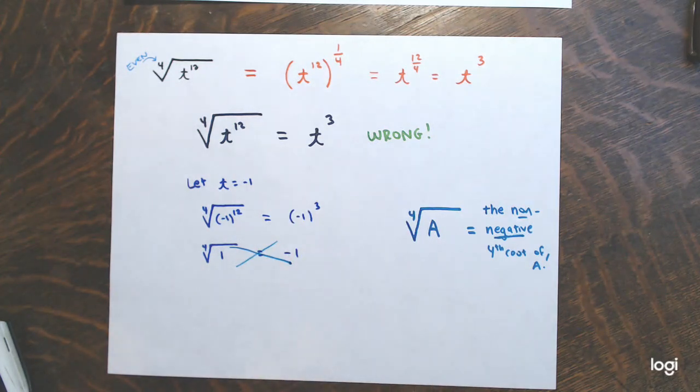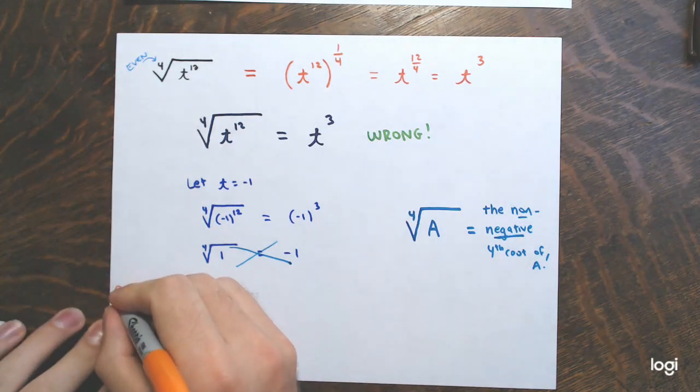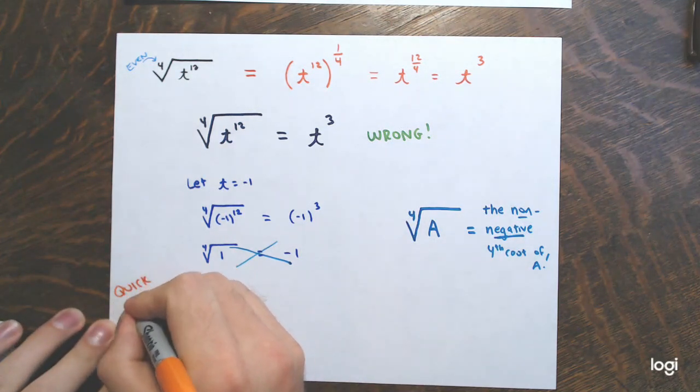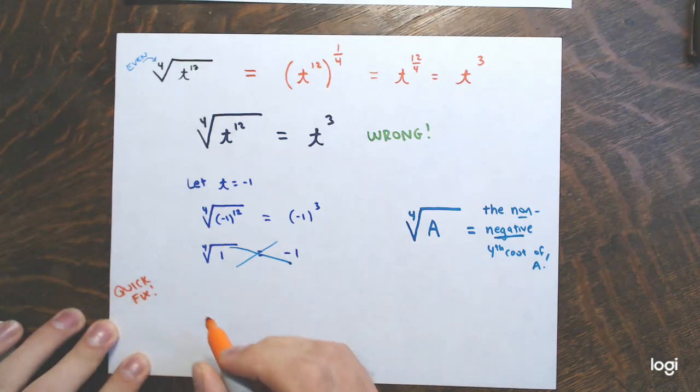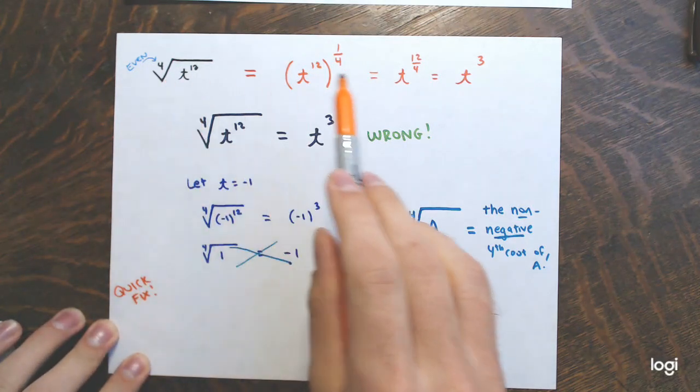Well, there's a pretty simple way to fix this, and again, you saw that I put this up a couple videos ago on evaluating expressions of the form the nth root of a to the nth, the nth root of nth powers. There's a very quick fix to this. Just use absolute value. So the quick fix is just, okay, do what I did normally.